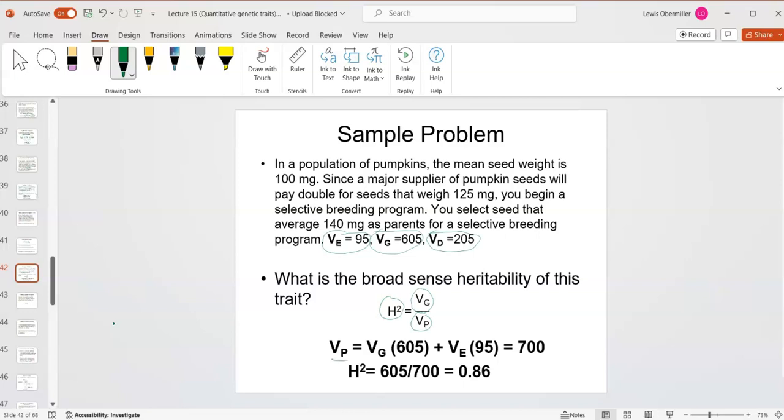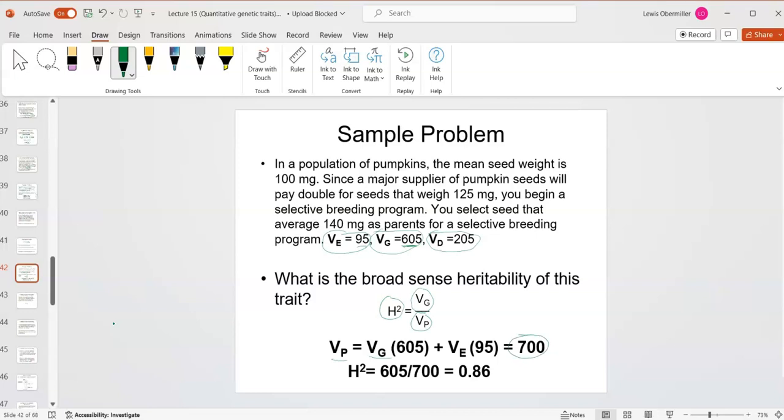So the phenotypic variation is the variation due to genetics, right? Which were given as 605, plus environmental, which were given as 95. So 605 plus 95 is 700.